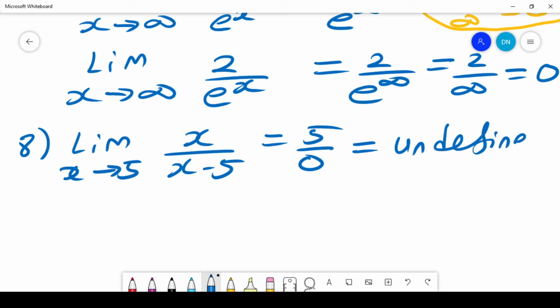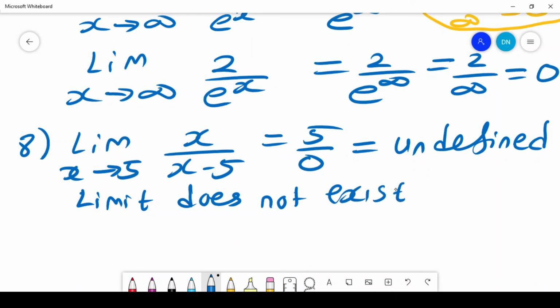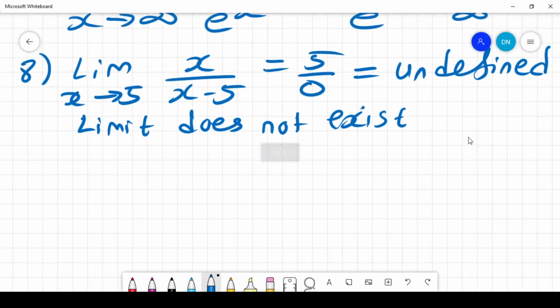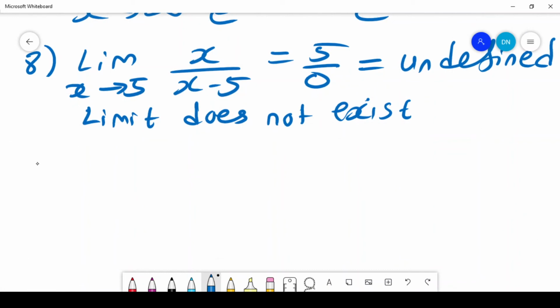So remember, this is not indeterminate because it is not 0 over 0. It is undefined. So what we say is that the limit does not exist. That is something that we want to keep in mind, and we can go on and on using other approaches. I can give you maybe 2 more.